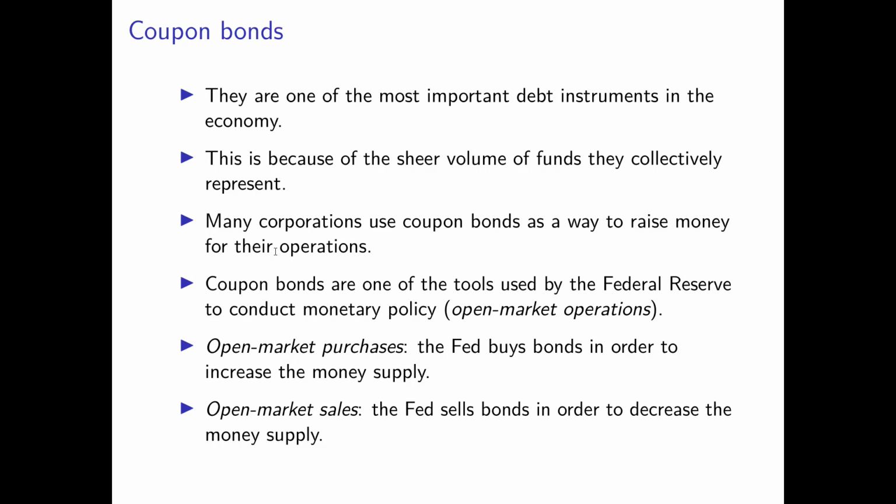So these debt instruments represent so much money that they are a good way to decrease and increase the volume of money in the entire economy. Can you imagine? That's how much money these debt instruments represent overall.